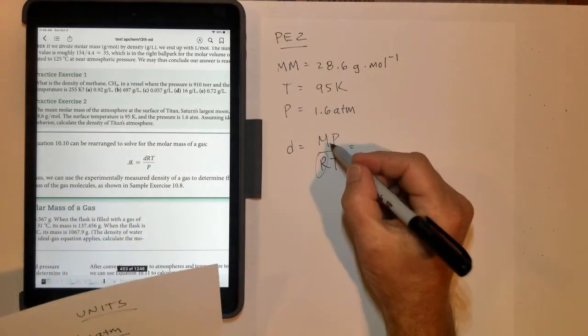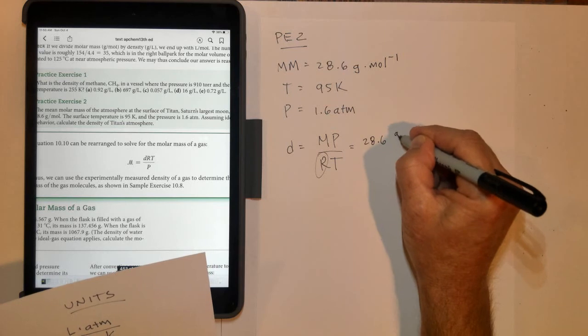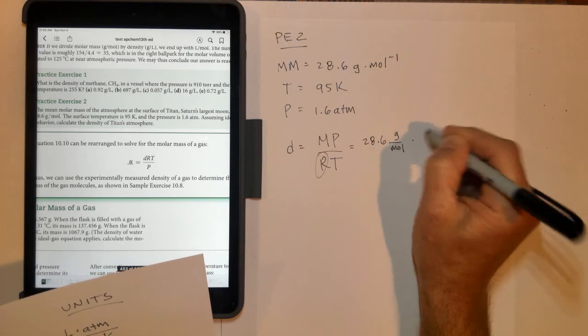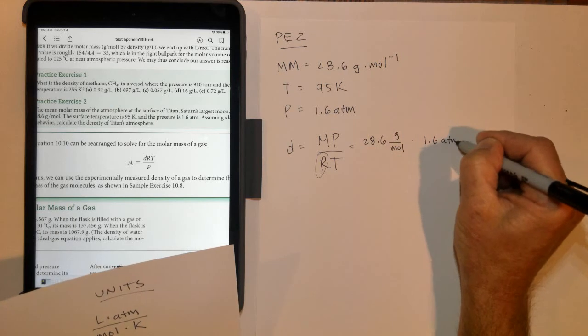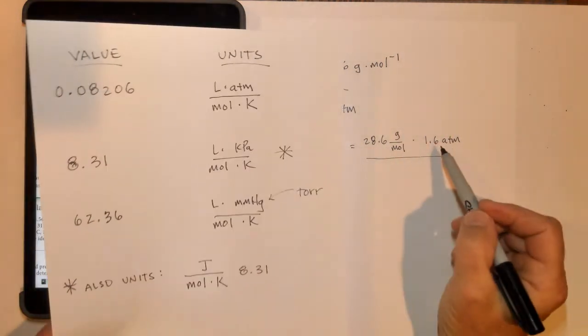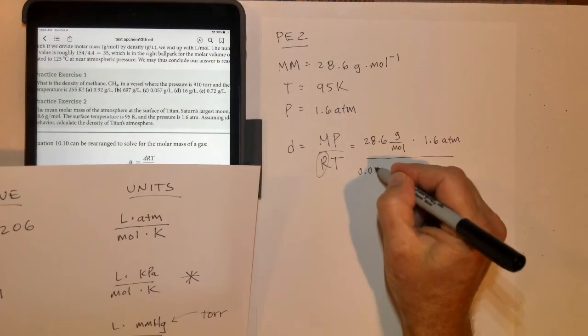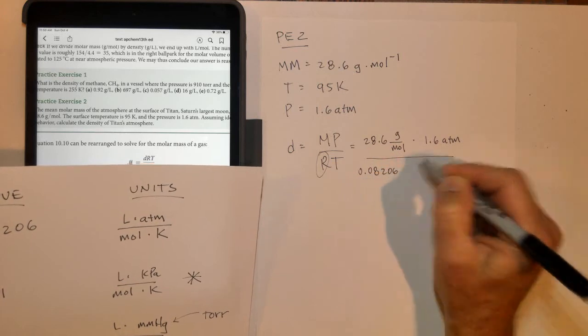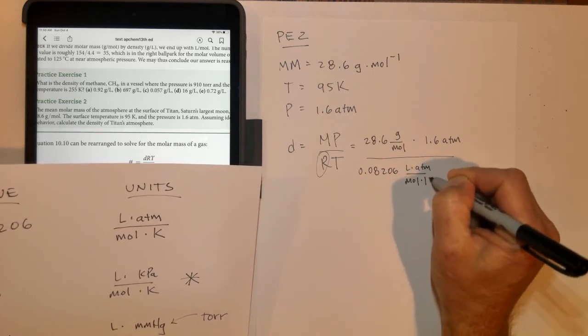Okay, so M is 28.6 grams per mole times pressure, which is 1.6 atmospheres, divided by R, and the R I have to use is the one in atmospheres, 0.08206 liters times atmospheres per mole times Kelvin.